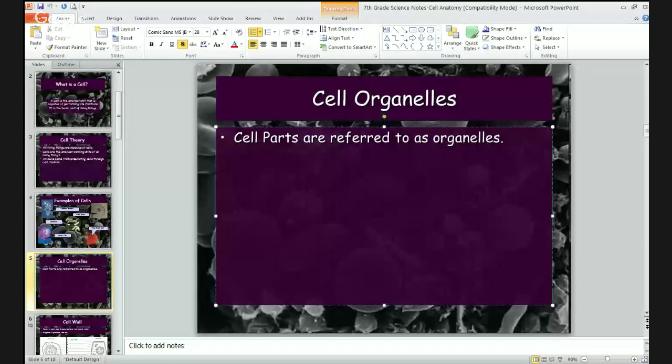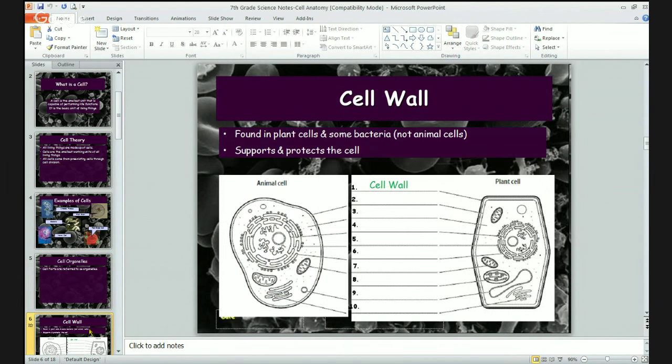Now what we're going to do is go down or flip your page over, and notice that you should have the same exact diagram on the back of your note sheet.